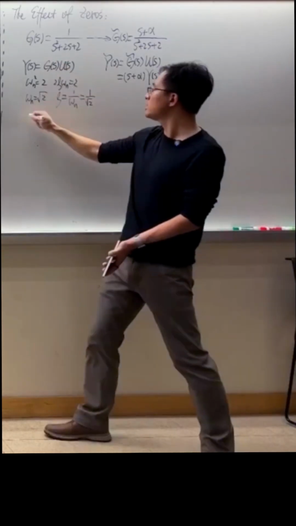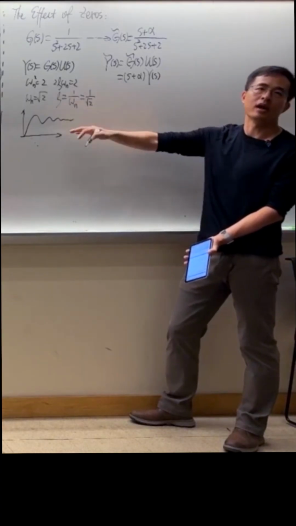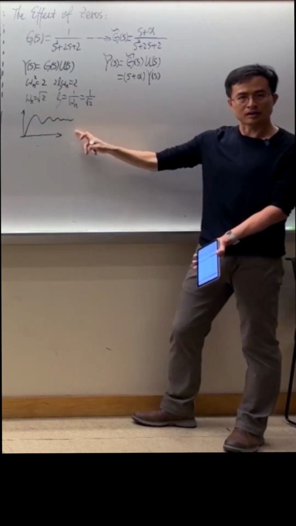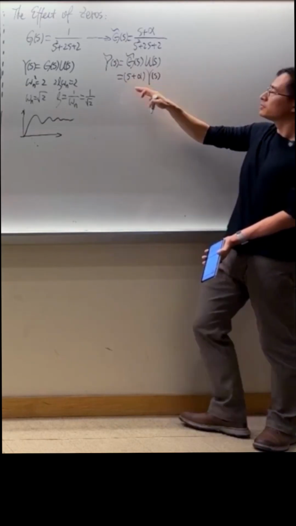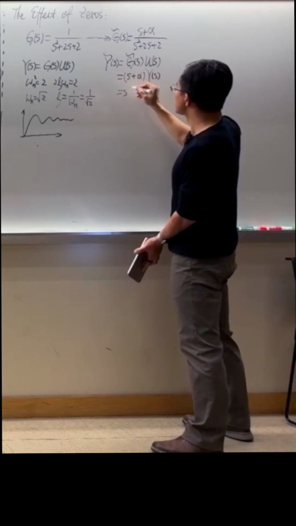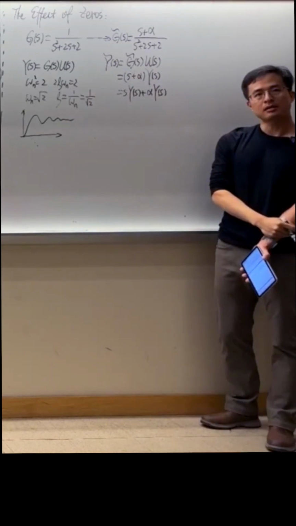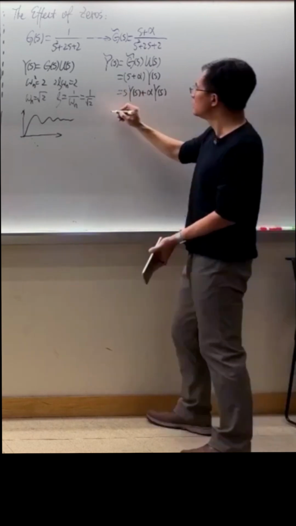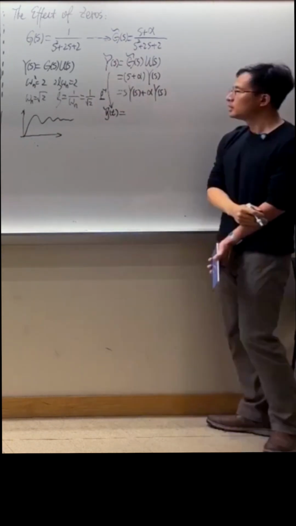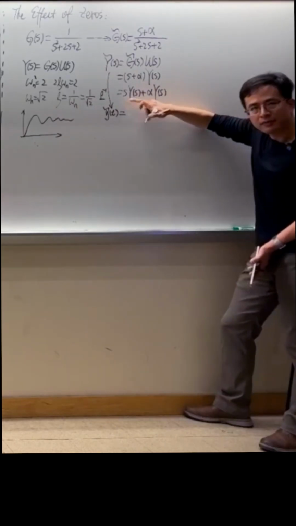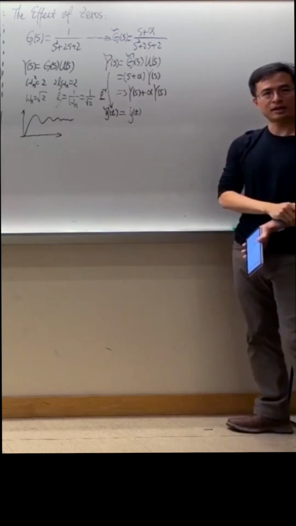So Y roughly looks like this. And you can calculate the final value and have a more accurate plot, but this is how Y looks like. Now for Y tilde, let's see what's going to change. Y tilde of S is S times Y of S plus alpha Y of S. And that means in the time domain, after applying inverse Laplace, Y tilde of t will be the inverse Laplace of S times Y of S, that is Y dot, right?